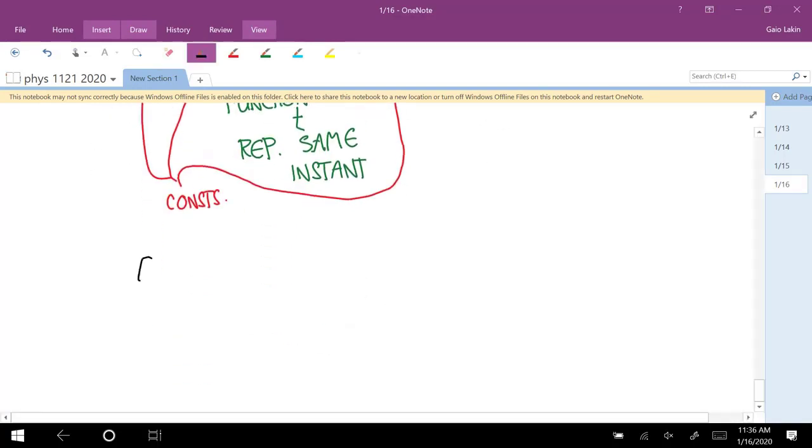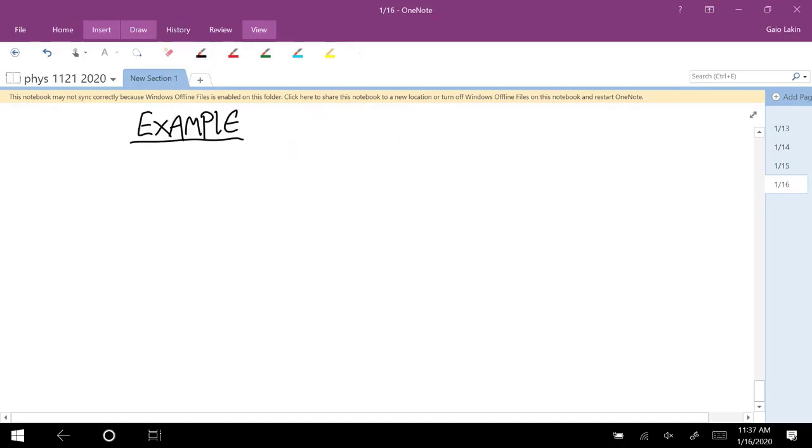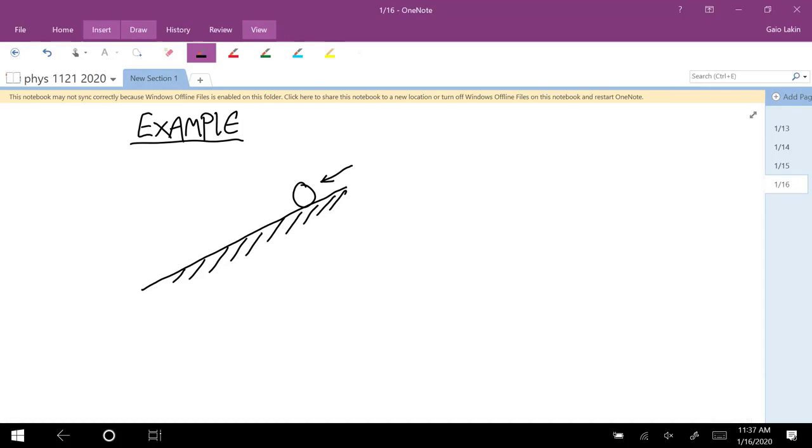Okay, so let me do an example with this. So let's say we have a ball rolling on a ramp. And let's say when it passes the point A, it's going 1 meter per second.